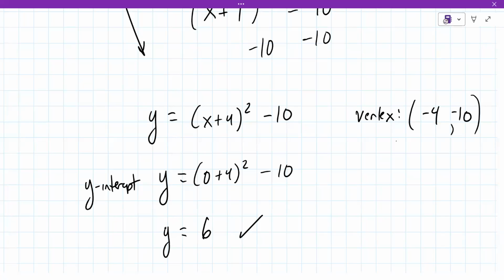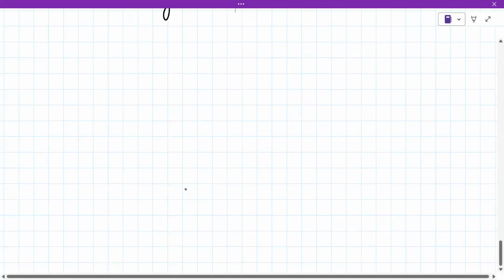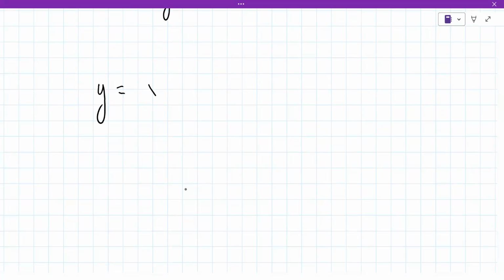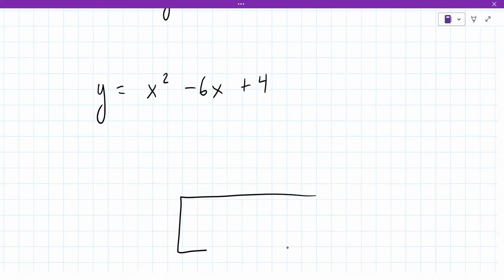You want one more of those, or do you want to move on to the next type of problem? Sure. Okay. Let's go: y equals x squared minus 6x plus 4. What I want is just the completed square. If you have questions, you're welcome to ask, but try working that out on your own, please. X squared minus 6x plus 4 equals 0. Minus 4, minus 4.